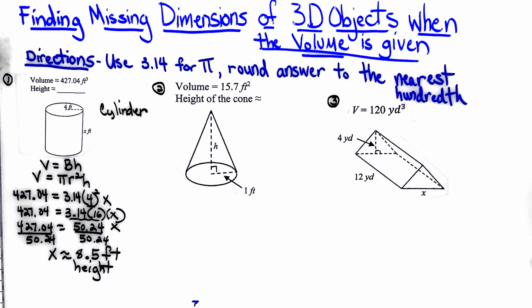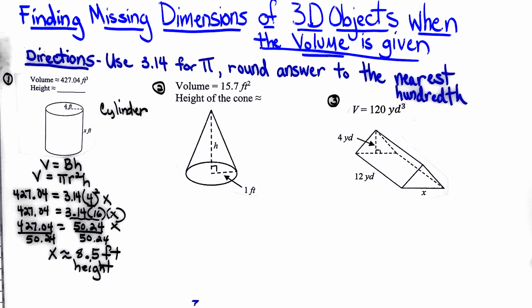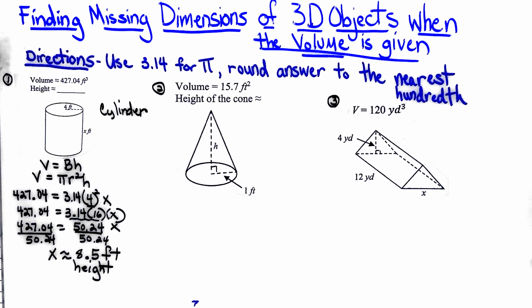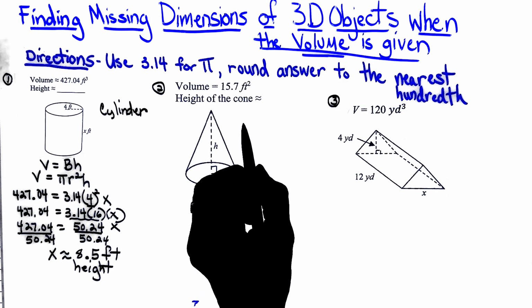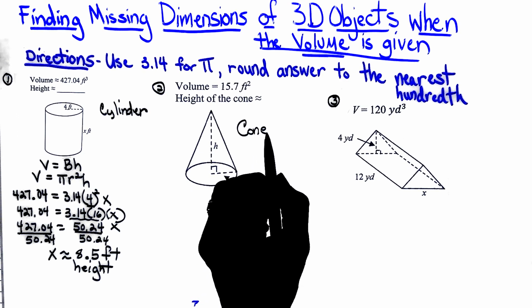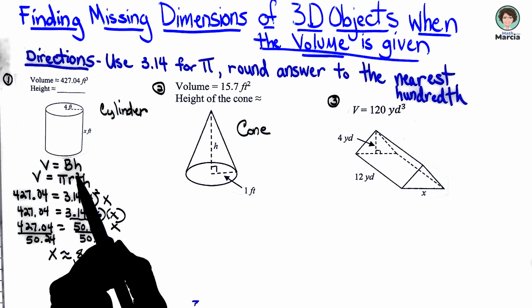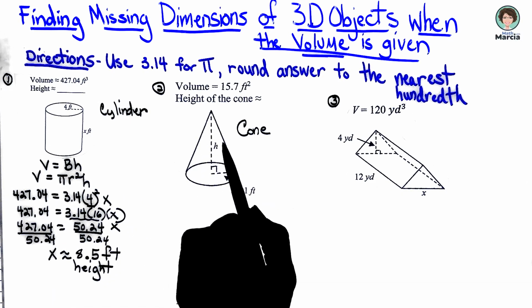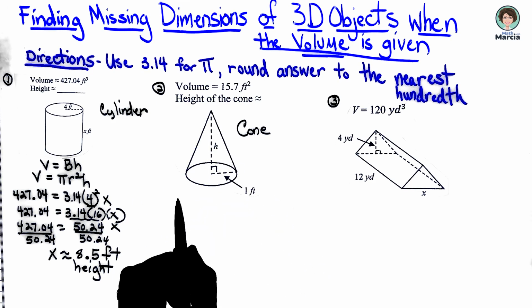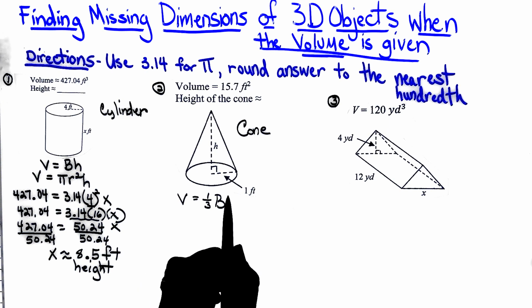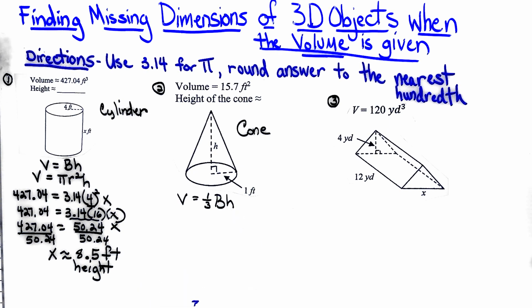When we're looking now at the second one, they gave us the volume. Oh, they even said height of the cone. So they gave us the shape, a cone. But what we don't know is the formula. Well, the formula for volume is very similar to this, but because this narrows out, our volume is going to be 1/3 the base area times the height of the cone.